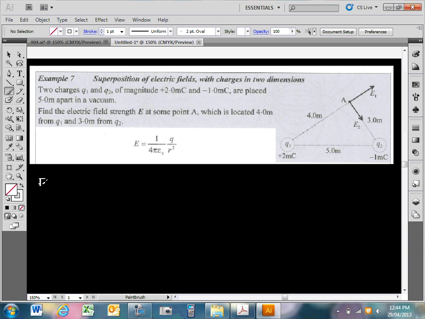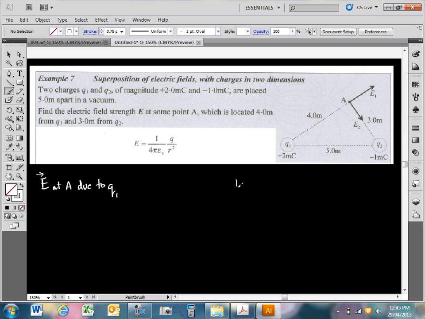Yes, using physics terms, we say the electric field E at A due to Q1, and we'll solve that.